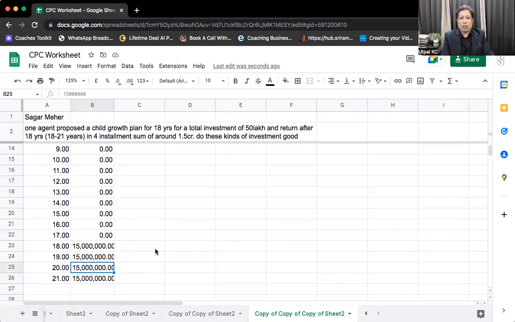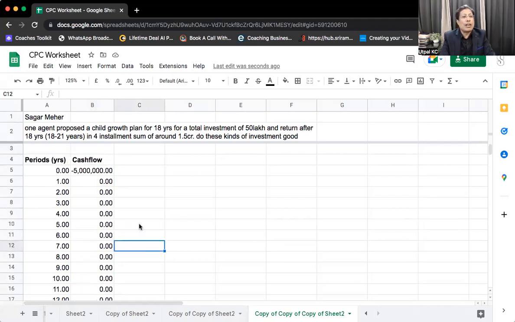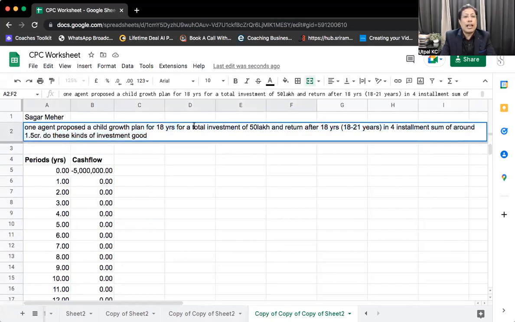No, tell me where is wrong? It's yearly investment. No, then you'll have to give that, right? Open propose a child plan, 18 years, not total investments. Yearly investment for how many years?